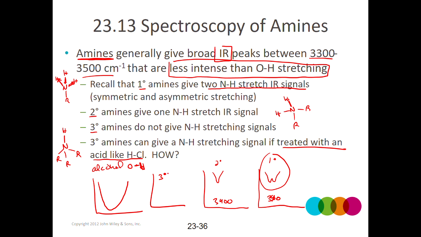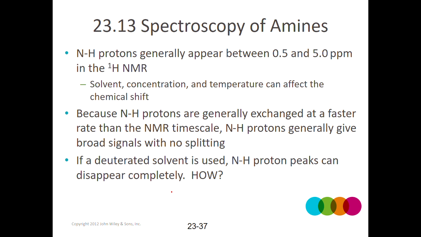So if I have a tertiary amine and I take an IR and don't see a signal for the NH stretch, but then I treat my substance with acid, protonate it to create an NH bond, then I would see a signal for the NH stretch. So that's a really nice way of confirming the presence of a tertiary amine. So don't forget about the NH stretch signal in the IR for amines.